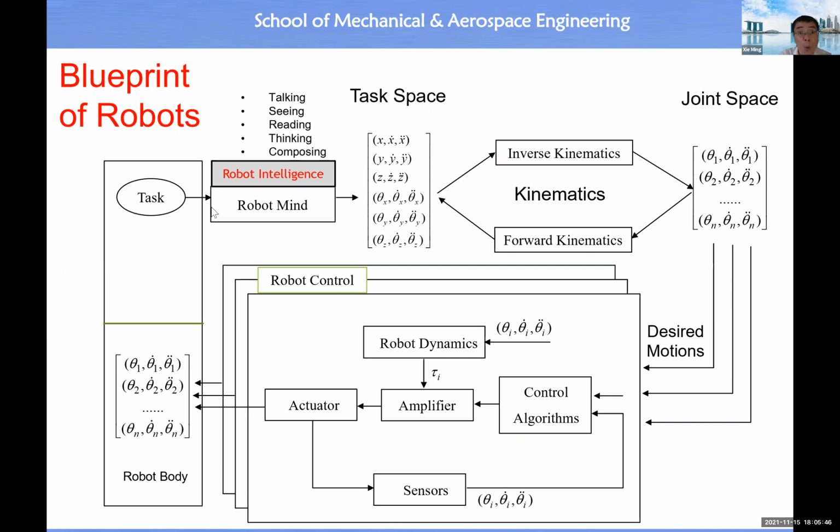For example, module 1 is about the robot's mind, which will transform the description of a job task all the way to the equation of the motion. You see, all these are the equations of the motion with motion parameters in path space or joint space.